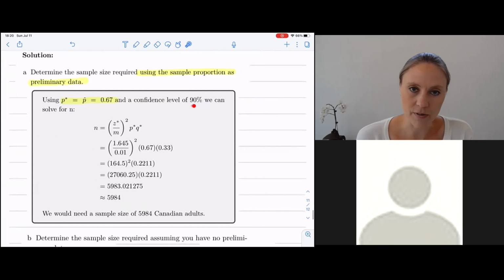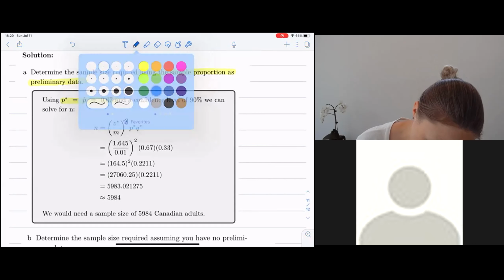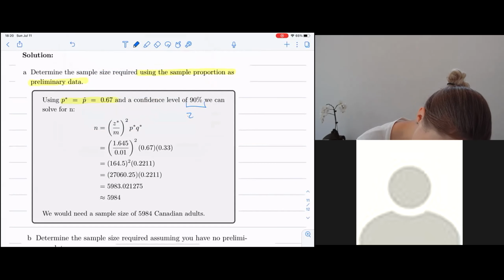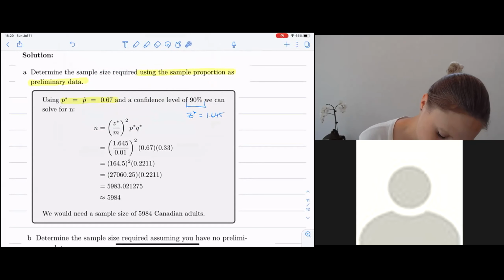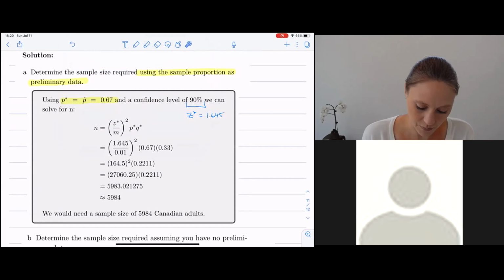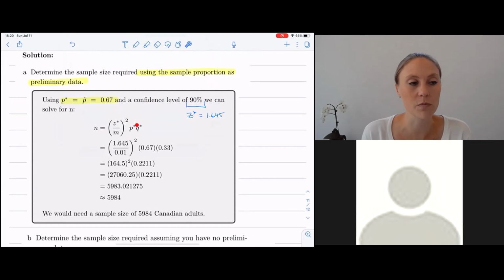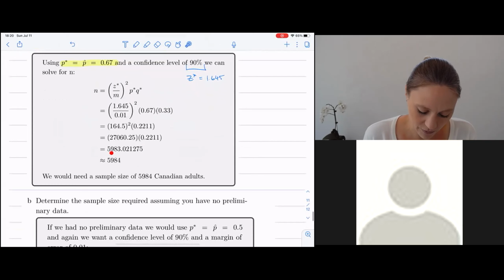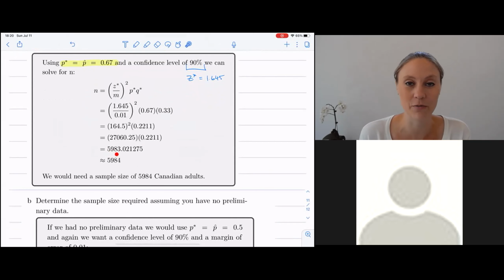So we're going to keep the confidence level at 90%, which means that Z star is 1.645 from before. And then P star is 0.67, which means that Q star is 0.33. So once we go ahead and do these calculations, we end up with 5,983.02.